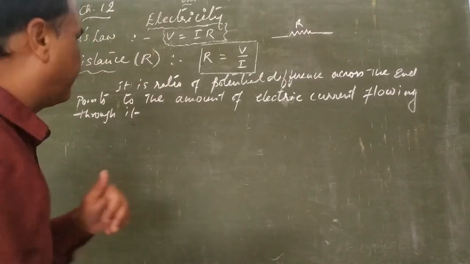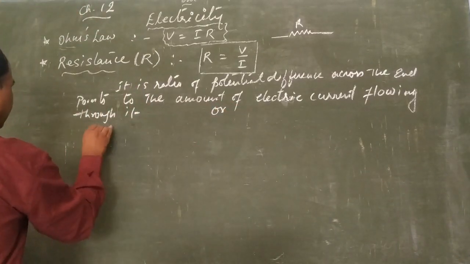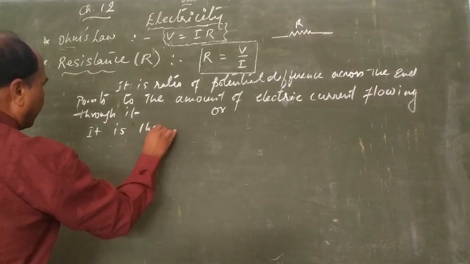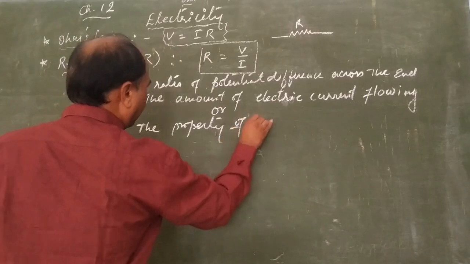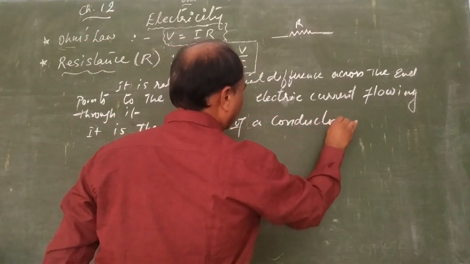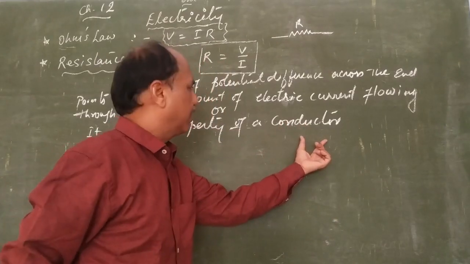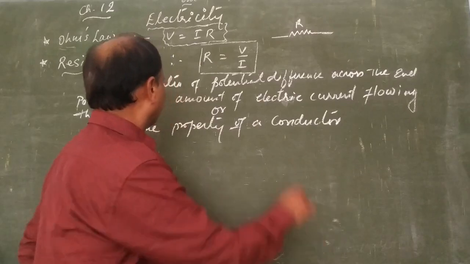So the scientific definition we can state for resistance is: it is the property of a conductor, and you know the meaning of a conductor: metal conductors, copper, aluminum, or maybe silver.